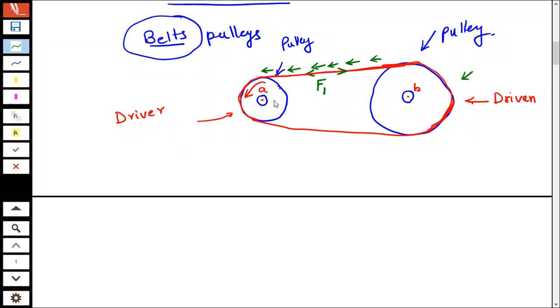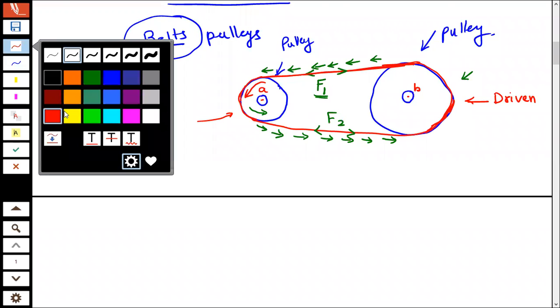When this is happening, at the same time, since the pulley is rotating in this direction, it is going to throw away the belt. But still there is going to be some tension on this side, and this tension is going to be less than F1; let us call this F2. So this side is going to become a little bit looser.